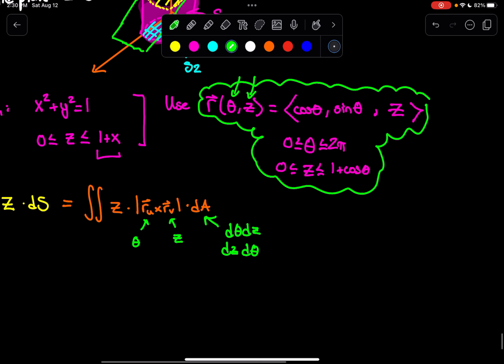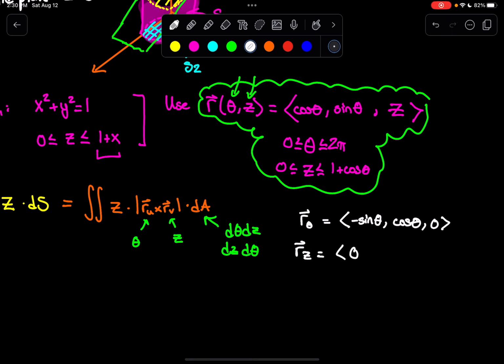All right, so let's go ahead and do this really quick. The first thing we need to do is figure out what r sub theta is. Well, that's not too bad. R sub theta is just going to be negative sine theta, cosine theta, comma 0. And then our r sub z is going to be 0, 0, 1, hallelujah.